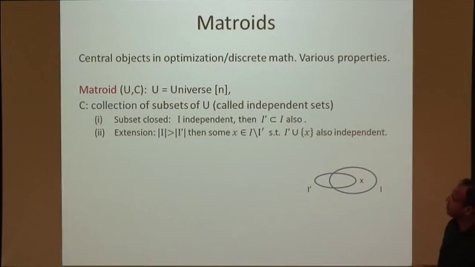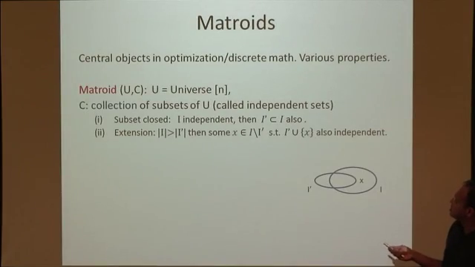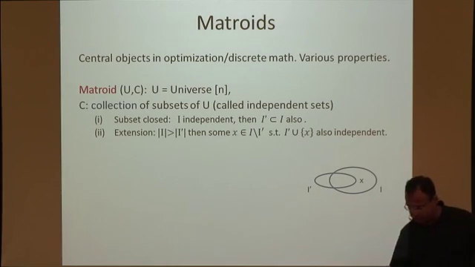Just to remind you, a matroid is basically a set collection. You have a universe of elements, let's say 1 through n, and there is a collection of subsets of U, which we'll call independent sets, which satisfies very basic axioms. The first axiom is that these sets are subset closed. So if I is independent, then every subset of I is also independent.